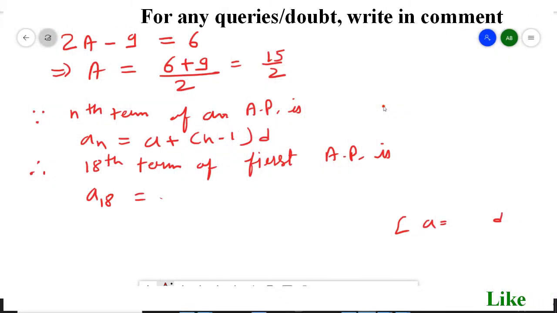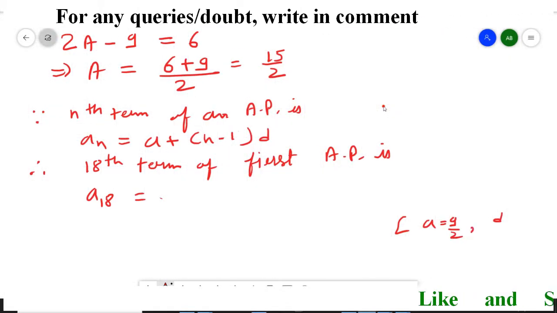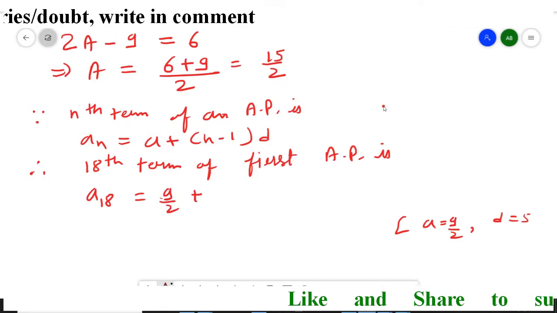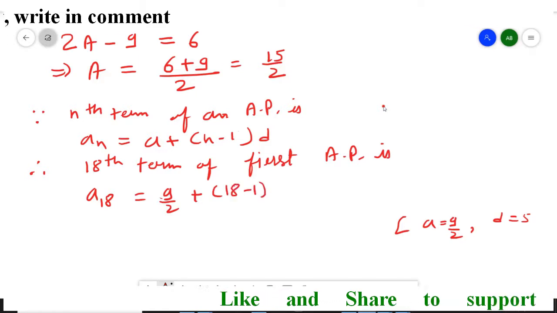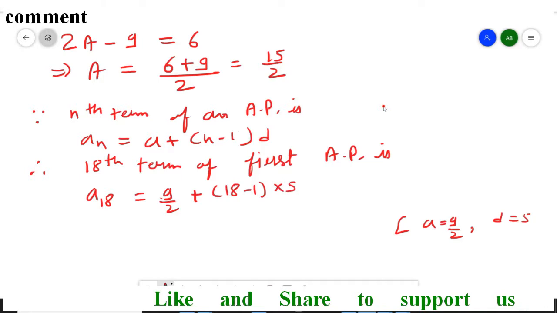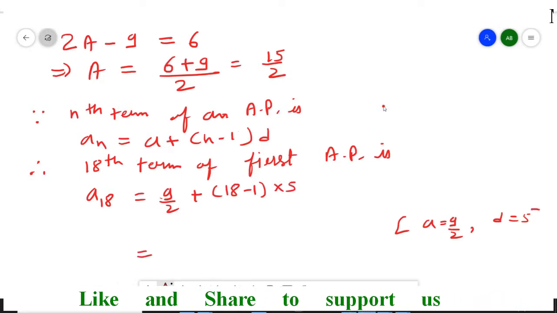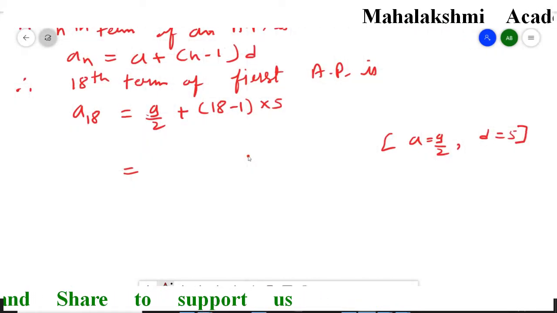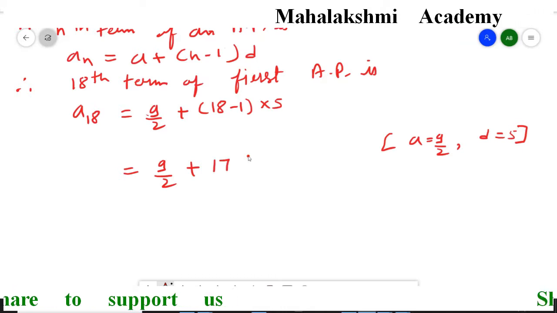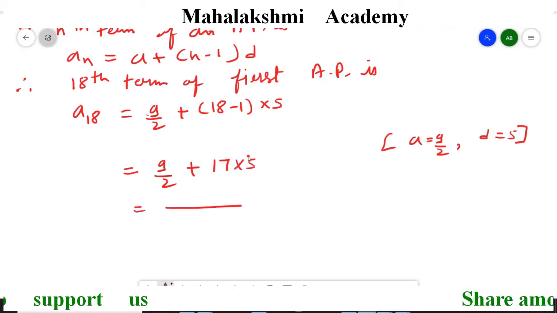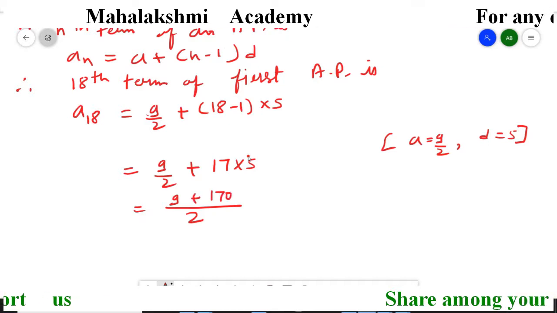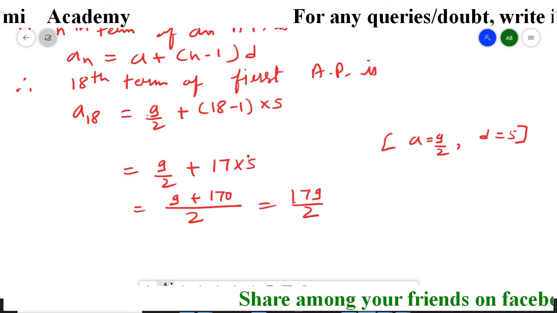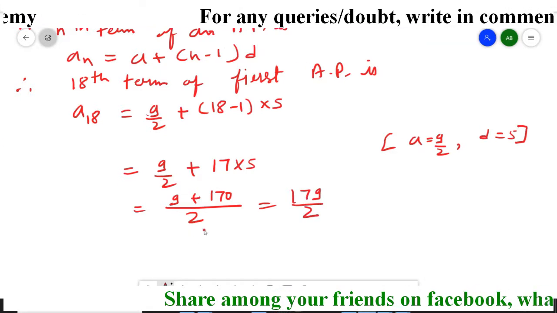So we'll write here, first term is 9 upon 2 and d is 5. We will replace those values: a is 9 upon 2, 18 minus 1, and d is 5. Now we have to solve it. When we solve this, we'll get 9 upon 2 plus 17 into 5. We'll take the LCM: (9 plus 170) upon 2 is equal to 179 upon 2. I took the LCM and did it directly.